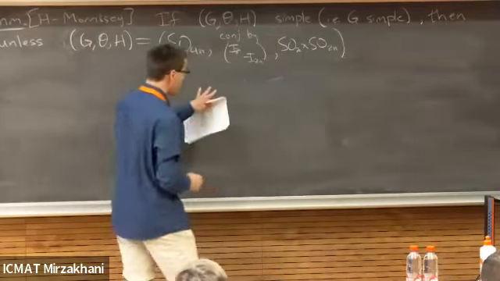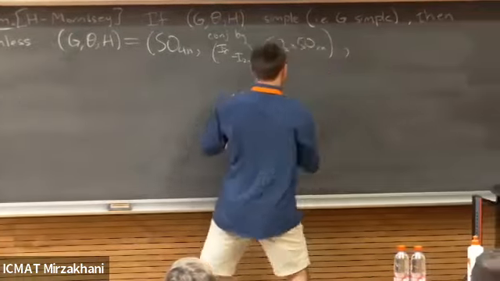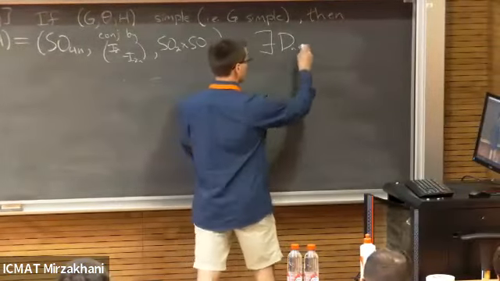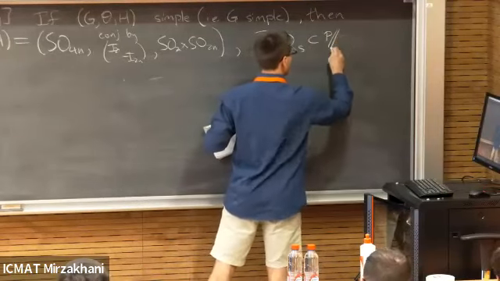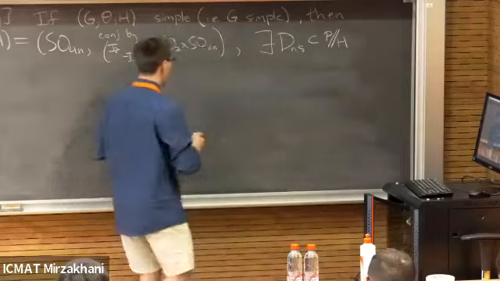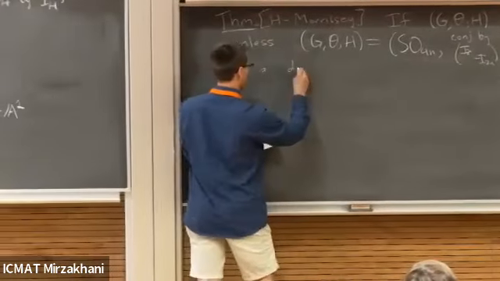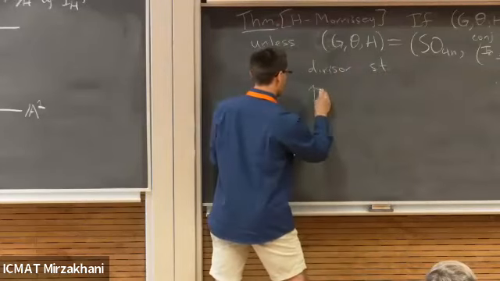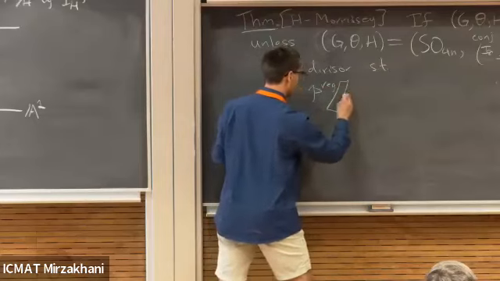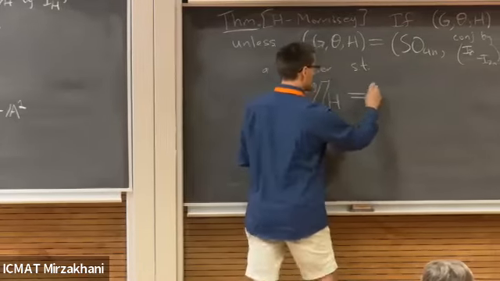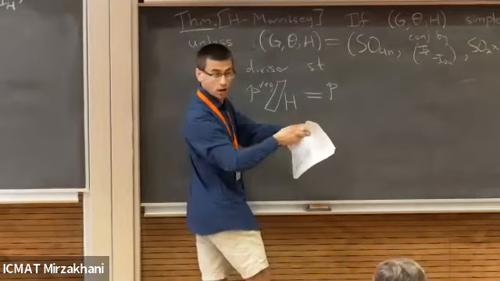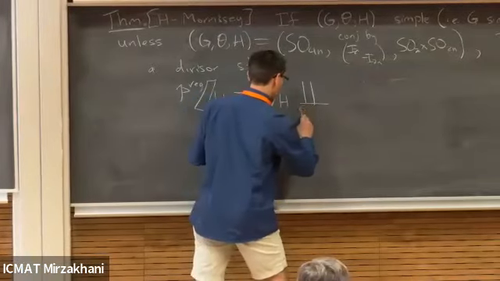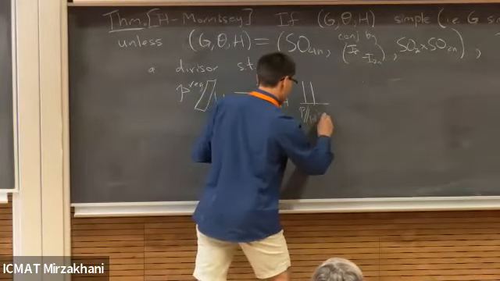So unless it's this form, there exists some divisor, which I'll call D_NS, inside of the GIT quotient, such that my regular quotient is equal to a gluing of two copies of the GIT quotient over the complement of this divisor.